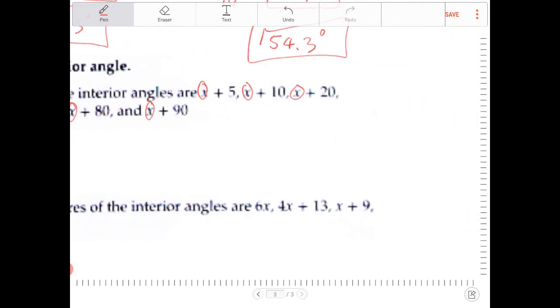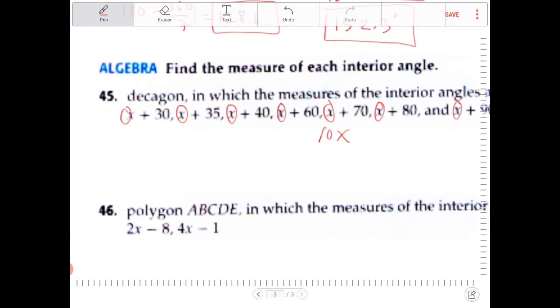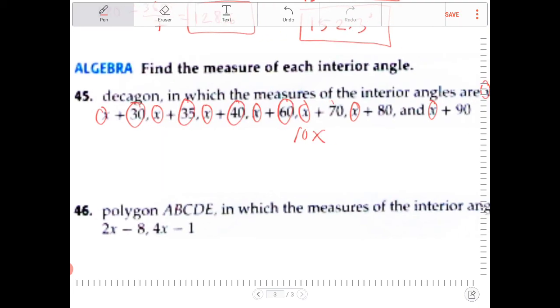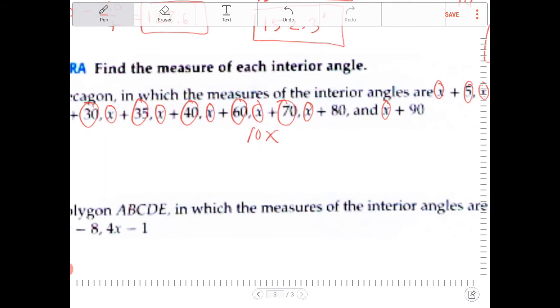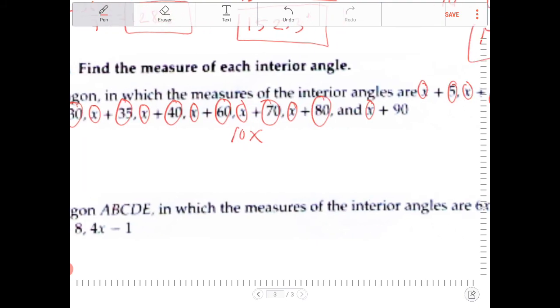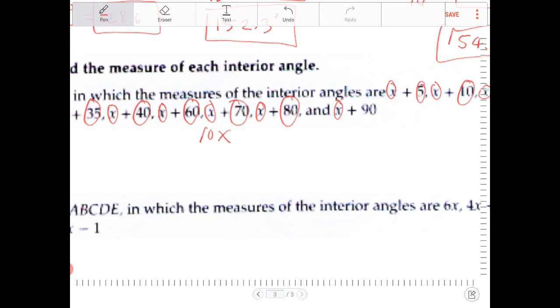Now I need to add up 5, 15, 35, 65. 65 plus 35 is 100, 140, 200, 270, 350, 350 plus 90 is 440.